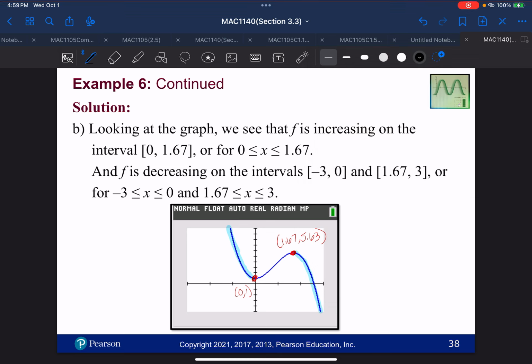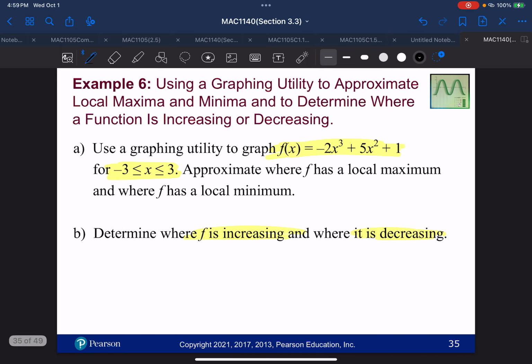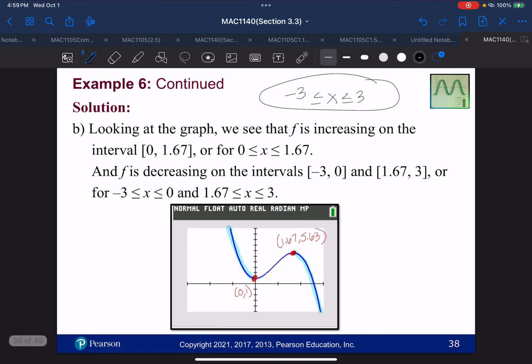So they told us to cut our domain to this. Let me make sure. Yeah. So because they told us to cut off our domain right here, this x value is equal to -3, and this value is equal to 3. So they just want me to include the intervals of these values. So the first decreasing would be from -3 up until the x value of 0. That's where they get that from.